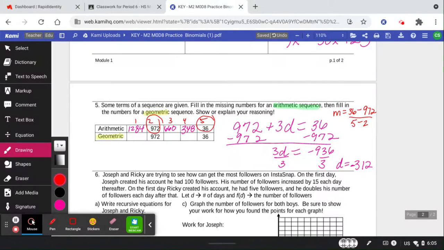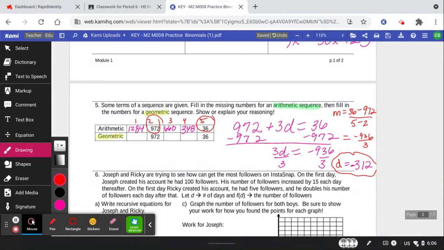We're doing the y minus y over x minus x. By doing it this way, you would still get negative 936 divided by 3, and you still get the same common difference of negative 312. So if you liked that slope way better, like the subtraction way, y minus y over x minus x, great. If you like this common difference way, or at least that you're comfortable with this common difference way, great.